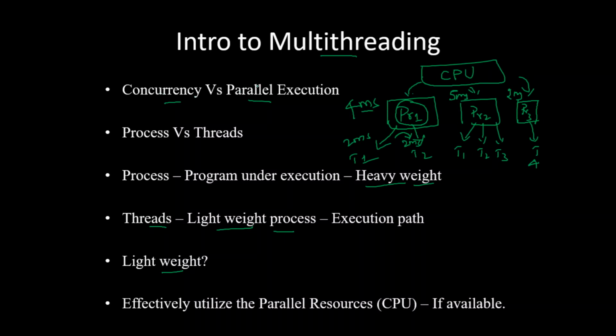If you have more than one CPU, these multiple threads will execute parallelly. So why are we discussing multi-threading? In the sense to effectively utilize the CPU, central processing unit, or the processor. So multi-threading will ensure that the processor will get effectively utilized in spite of whether you have more than one processor or only one processor.